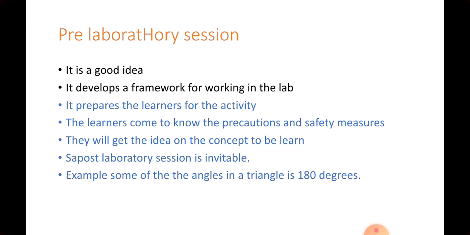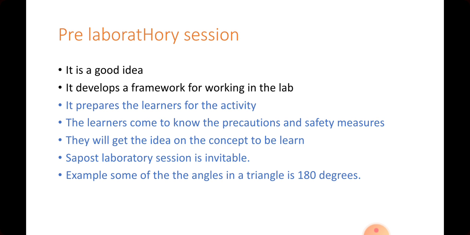If you take the example, the sum of the angles in a triangle is 180 degrees. To experiment whether they are 180 degrees or not in a triangle, we can educate the students by using different types of angles and measuring the angles, how to measure the angles, how to club the angles, how to add the sum of the angles in a triangle.